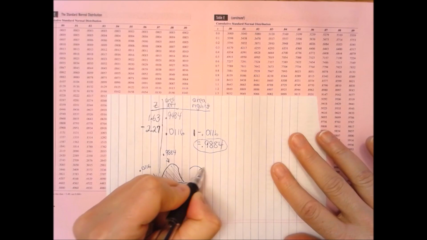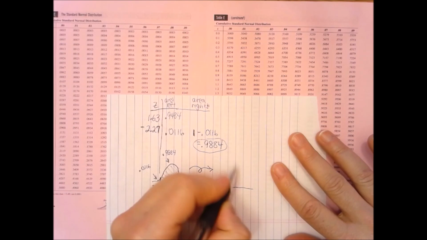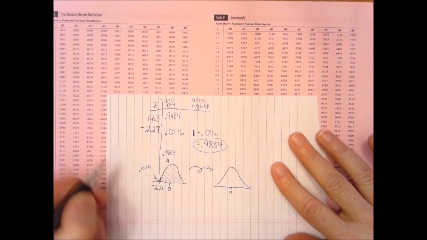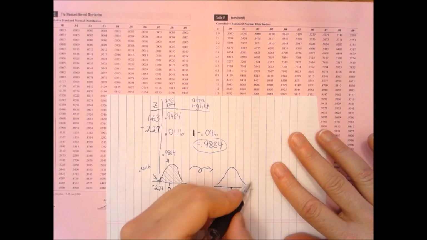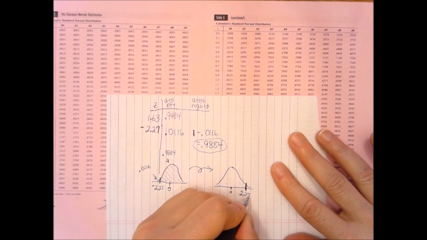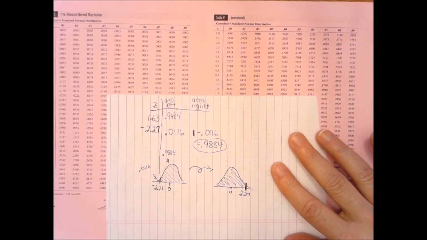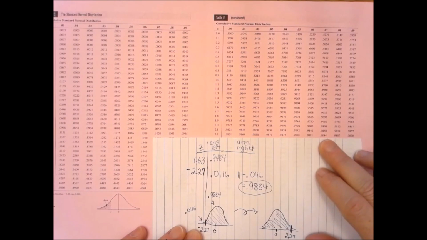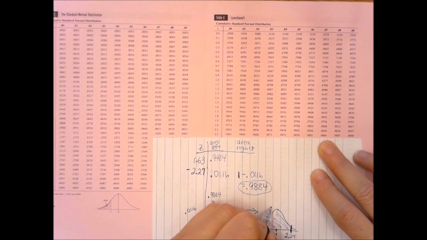But due to symmetry, I can take the whole curve and turn it around. Here's 0 in the middle. If I flip it around, this is going to be positive 2.27, and to the left of that, when I look it up on the table, positive 2.27, I get 0.9884 due to symmetry.